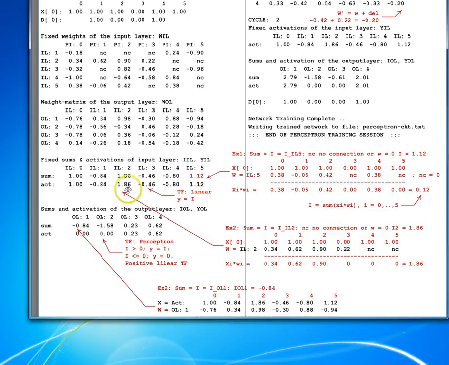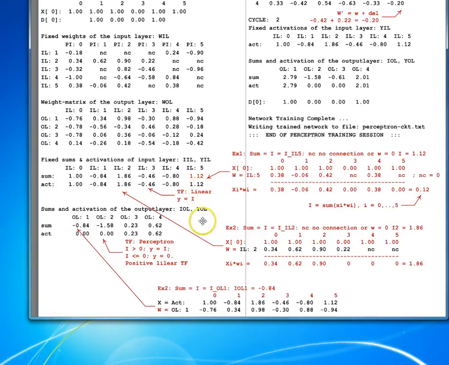Again, to get the I2 values, you look for the row corresponding to the element number 2, that is the weight matrix, and multiply with the input vector, you'll get I2. And then obviously use the linear transfer function to compute the values of y out. So this way we know how to compute the input activations from I1 to I5, and the corresponding values of y in of 1 to y in of 5.